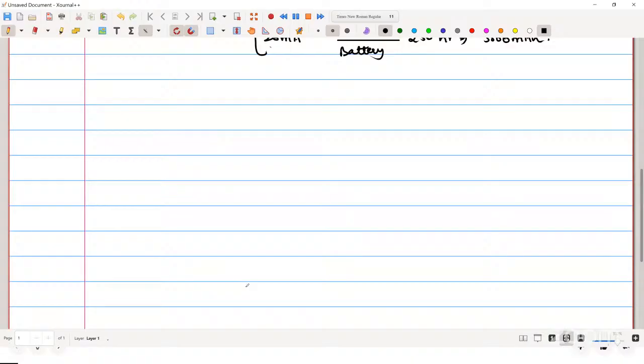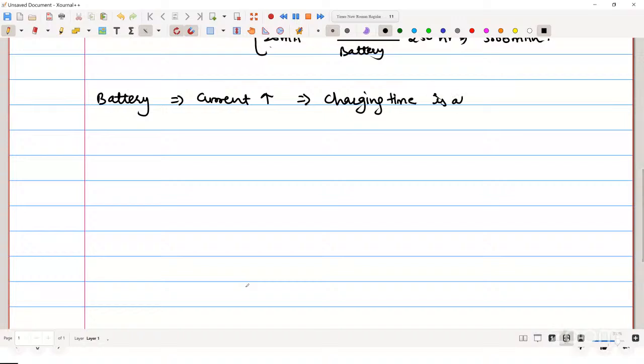Now, if you are talking about batteries, if our battery current rating is high, the charging time is also high. Why do we consider this?